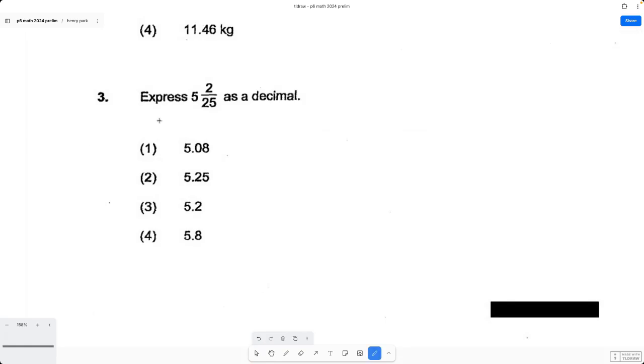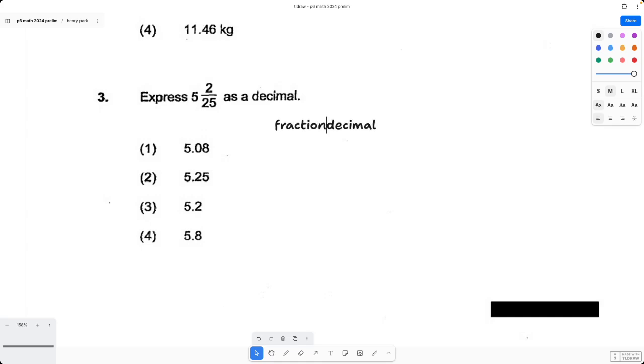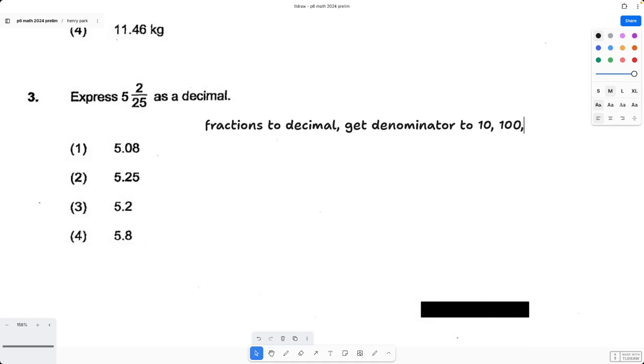Question number 3. Express 5 2 over 25 as a decimal. So usually to get fractions to decimal, basically get the denominator to 10, 100 or 1000.